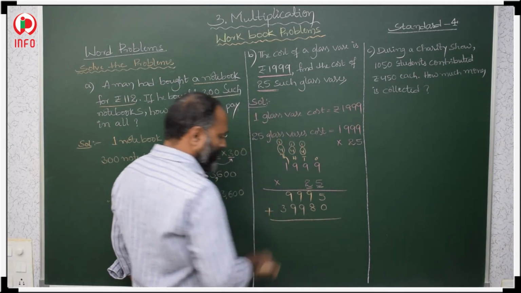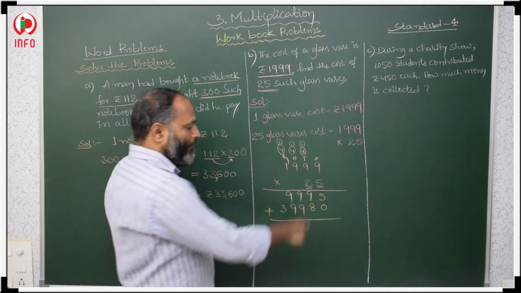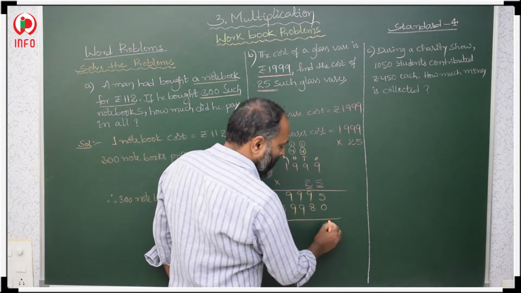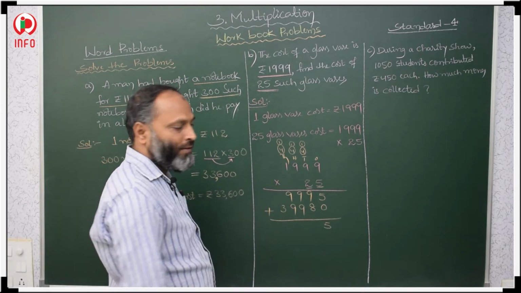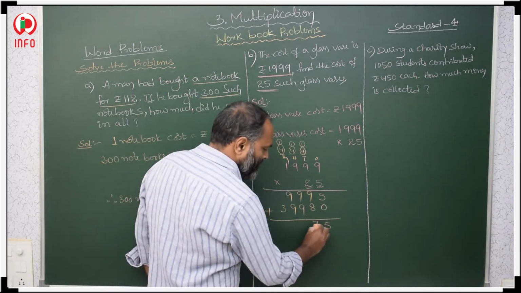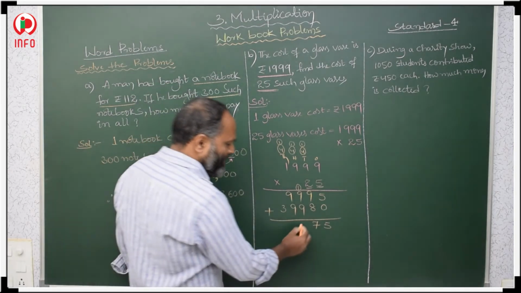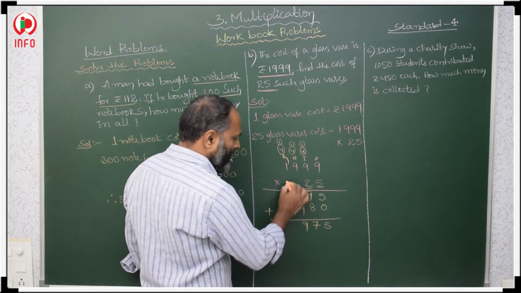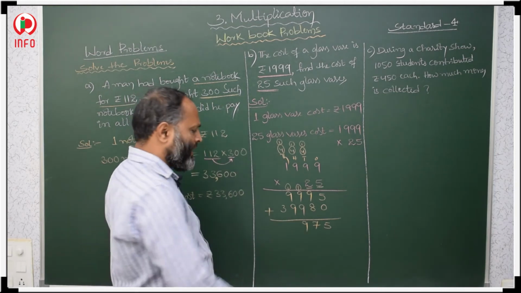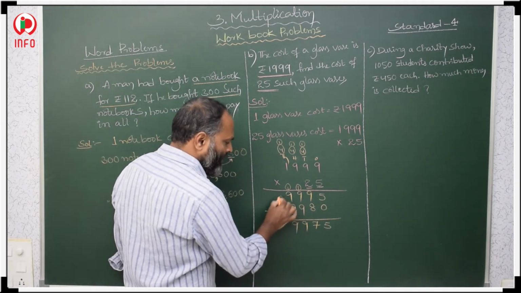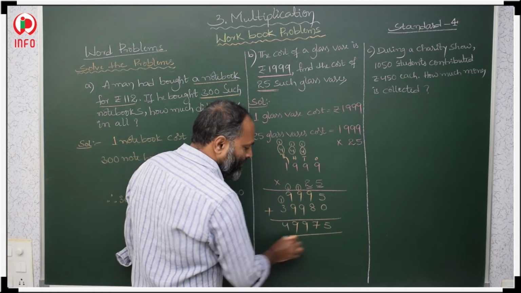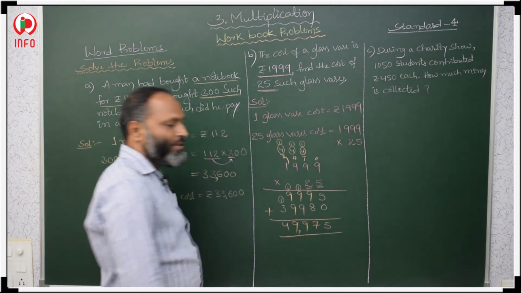Now add. 5 plus 0, 5. 9 plus 8, 17. 9 plus 9, 18 plus 1, 19. 1. 9 plus 9, 18 plus 1, 19 and 1. 3 plus 1, 4. 49,975.